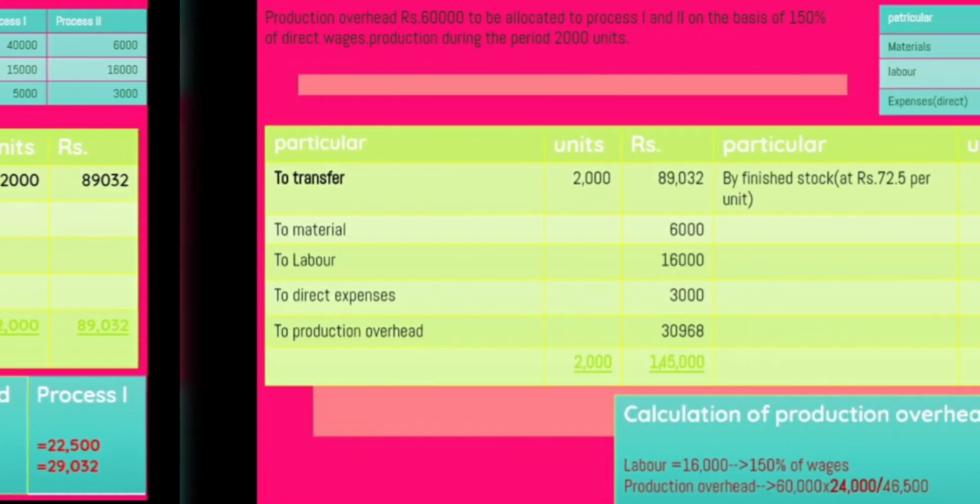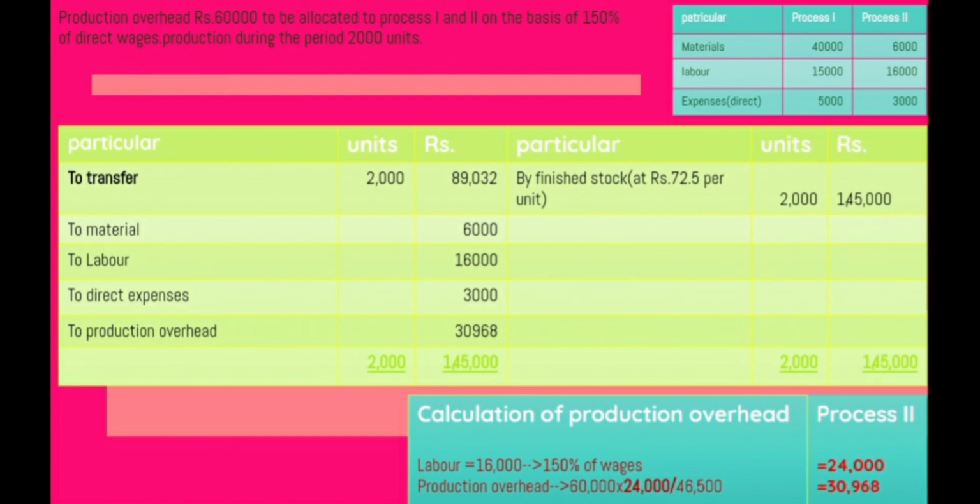Let's see process 2 account. Here, the entry on the credit side of process 1 account, by transfer to process 2 account, comes absolutely on the debit side of the process 2 account.